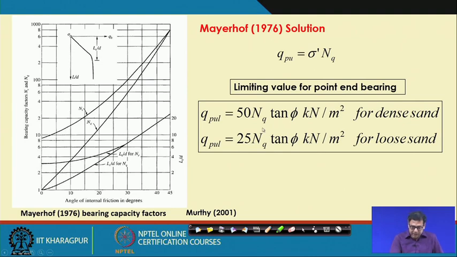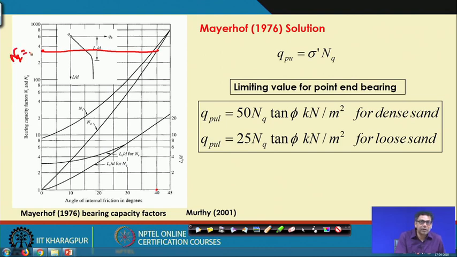Okay. And here in the chart you see that it is 40 degree, and the value of NQ that we are getting is here. So, that value we are getting is, this is the NQ curve, and this value is around NQ is equal to 320.